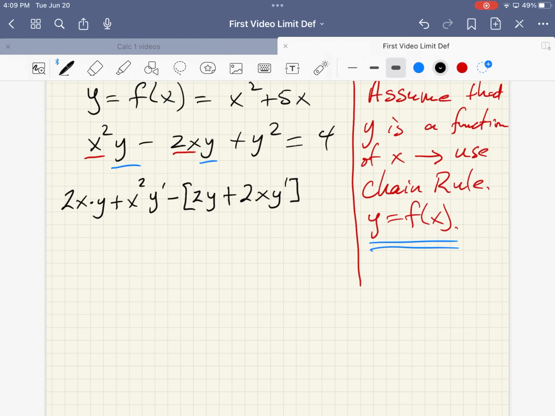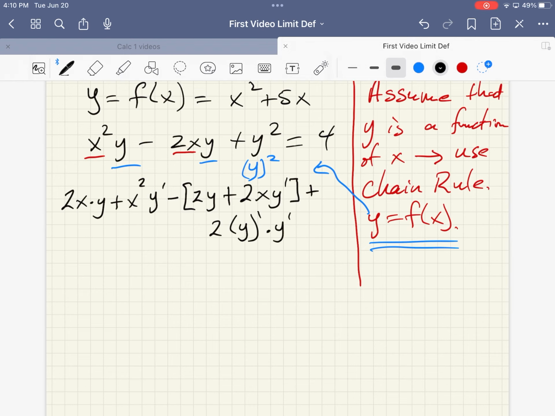All right, now plus. Now this one's interesting, because we want to think of this as y squared. And remember, that's a function of x. So what we're going to have here is 2 times y, and you could say to the first, times the derivative of what's inside, which is y prime.